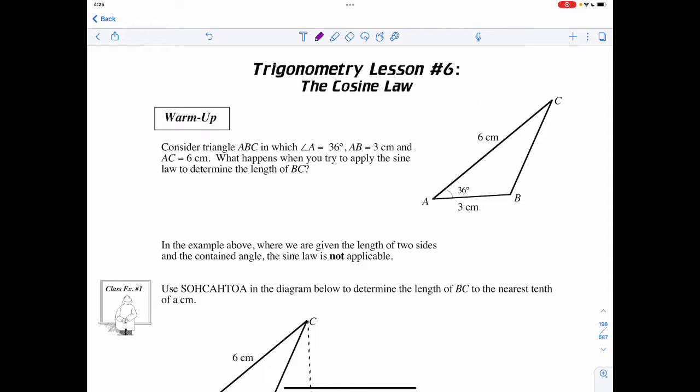So, if we consider the triangle that's on the right, ABC, where A is 36, AB is 3, and AC is 6, what happens when you try and apply the sine law?